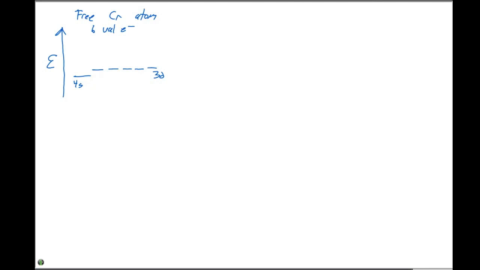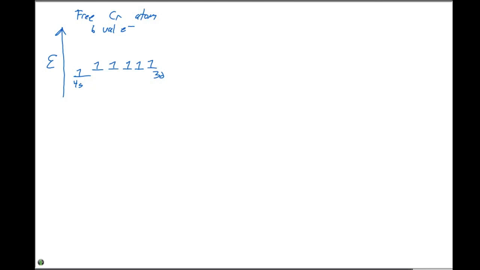Those valence electrons are going to fill in these orbitals, giving it the lowest energy configuration possible. Chromium was one of the exceptions to the normal counting rules, so it's going to be an s1 d5. So this is our free chromium atom.